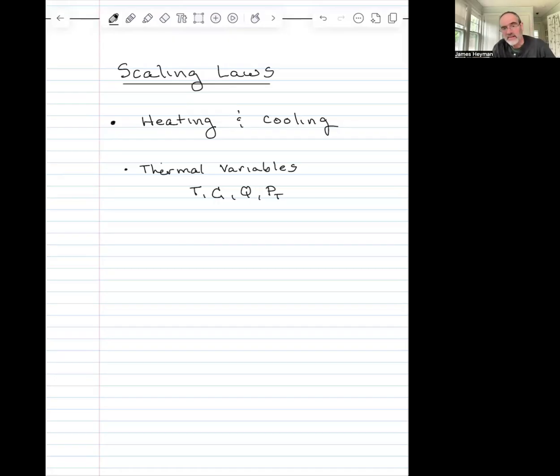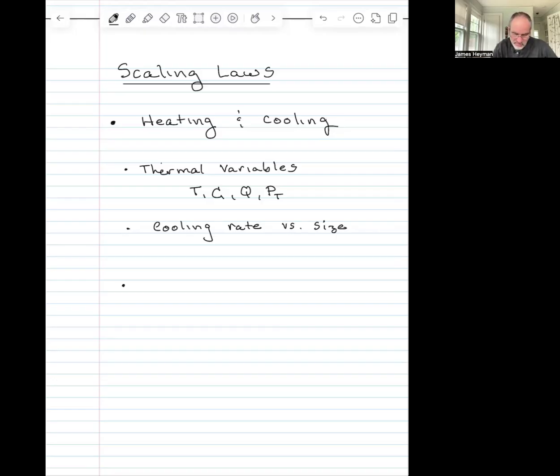You'll see what they are when we introduce and define them, okay? And then we'll use what we have to show that the cooling rate of an object depends on its size. That is, there's a scaling law that tells us how fast a hot object will cool down. Kind of neat.